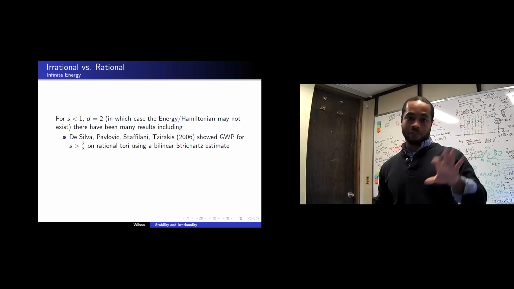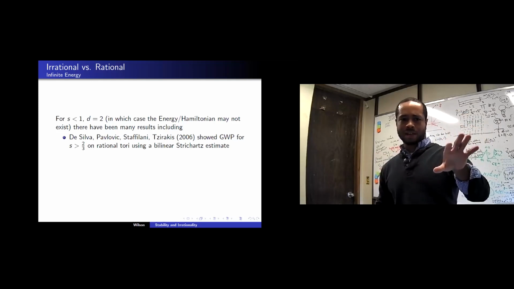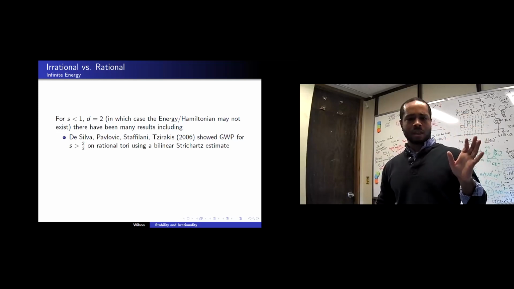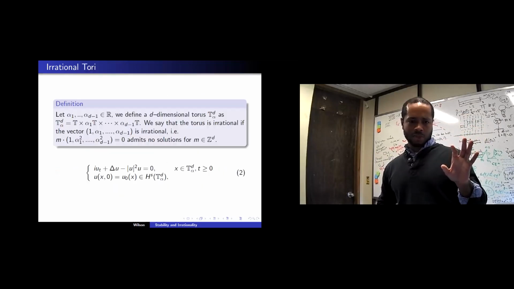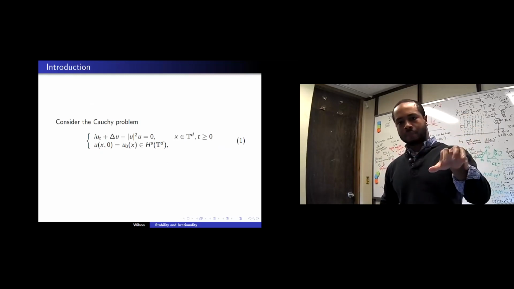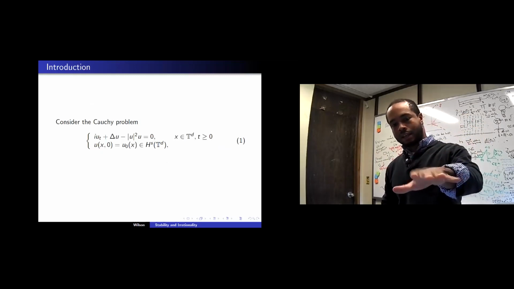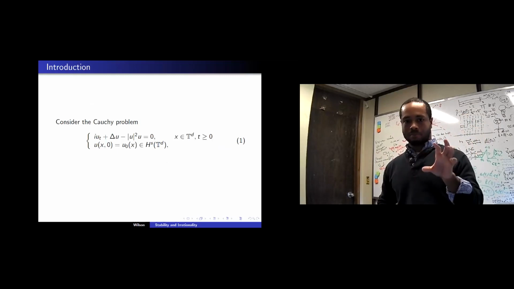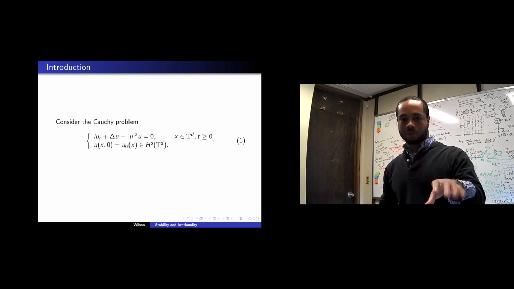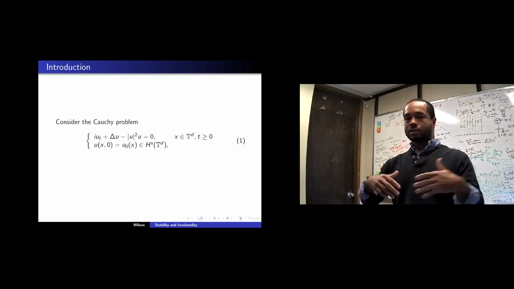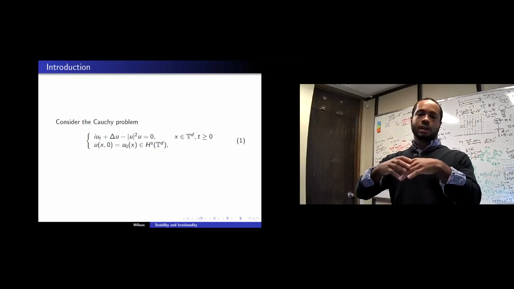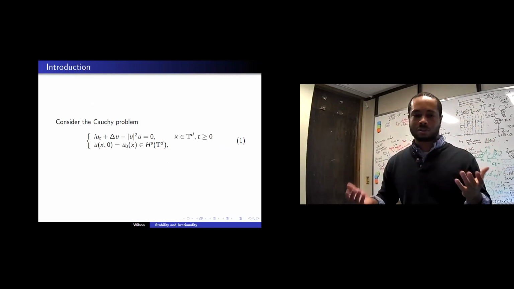Okay, and so in the infinite energy case, I'm assuming that my s is less than 1, I should maybe say a little bit about this. I'll go back here, and even here, I have my initial data in H^s, and I said that I would try to be a little bit colloquial. My H^s is essentially the L2 Sobolev space, so it says that my function has s derivatives, let's say.